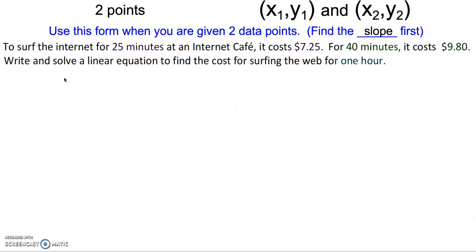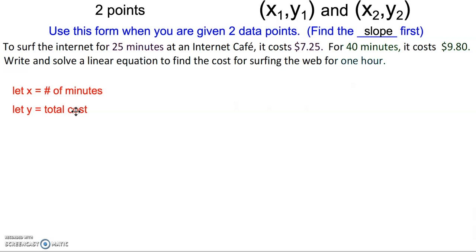Okay, so what we need to do is first identify the quantities that it's talking about. Notice that it's talking about minutes and cost. So we can think about those as being our x and y values. We're going to let x equal the number of minutes and y equal the total cost.